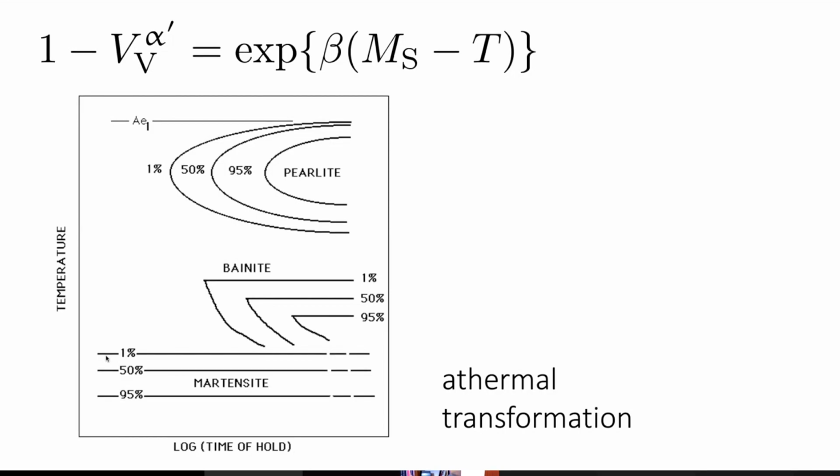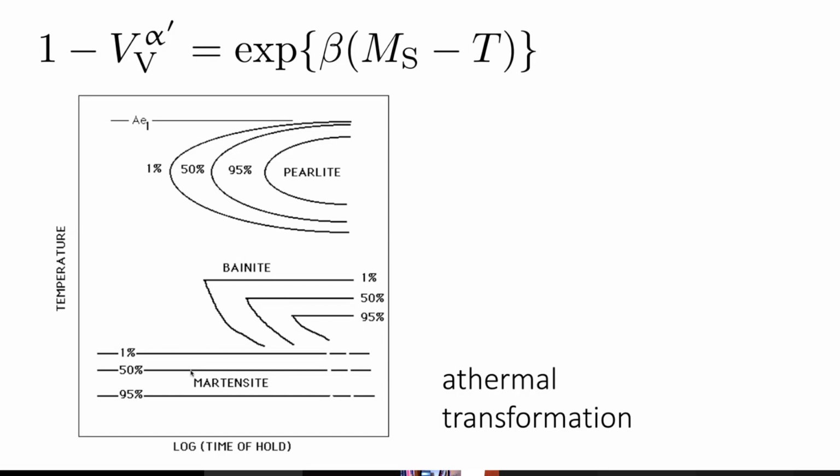But if that is very rapid, then your time resolution is not enough to see the progress of the transformation. So you get 1% transformation happening actually isothermally as a function of time. And once the nuclei are exhausted, you won't get more than 1%. All right? And therefore, you have to cool further to activate more difficult nuclei and so on.